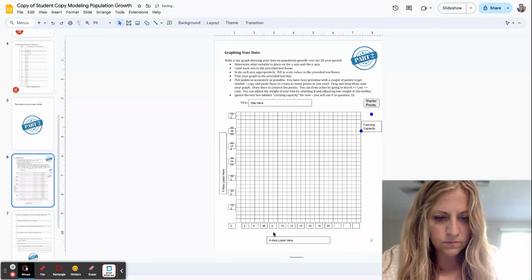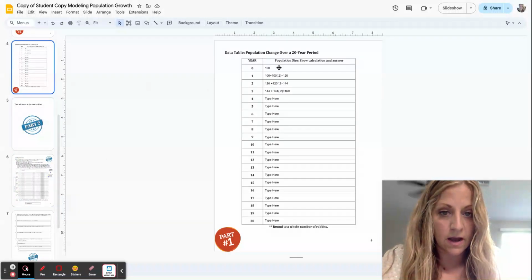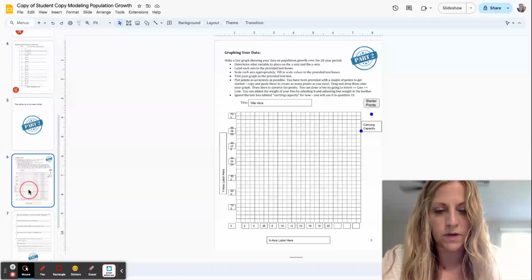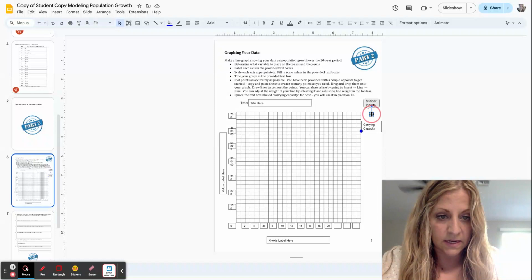So we got 20 years of data. So again, looking at my data, year 0 for me was 100. You started with 75, but I'm just going to go with my data for now.